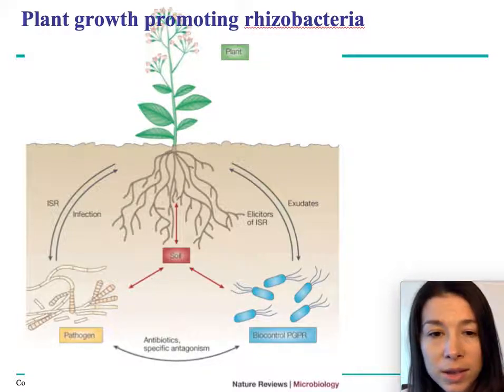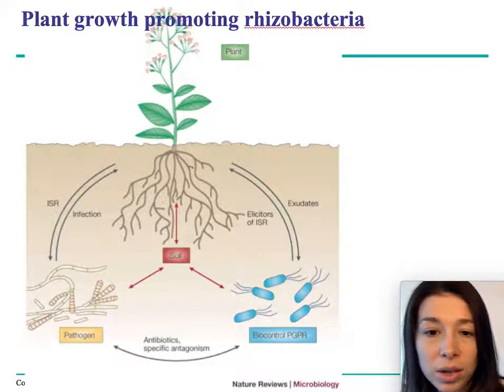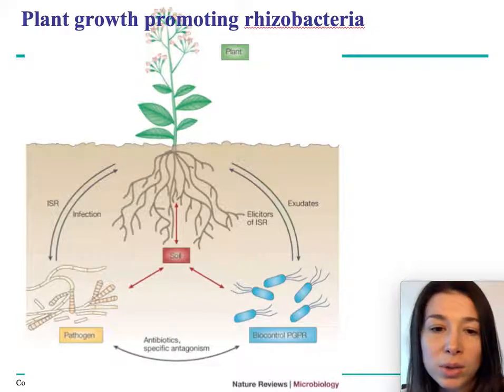And we see down there in the blue picture, we see PGPR, which is how it's abbreviated. And they're showing you that there's a lot of complex interactions happening here. So these PGPRs are contributing positively to the plant roots, and they're also providing antibiotics which will protect the plant against other pathogens which might actually harm the plant.